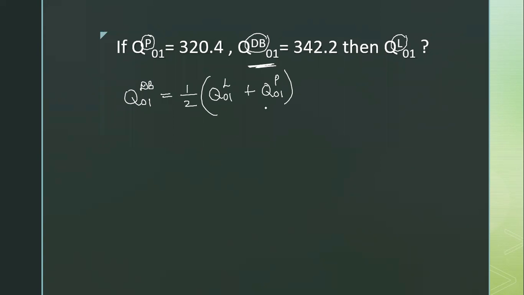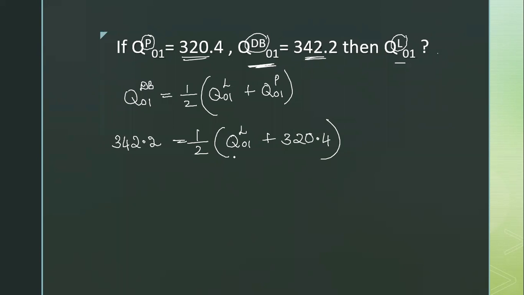They have given us information about Drobisch and Bowley. What is the value? 342.2 is equal to half, open the bracket. Have they given us the information about Laspeyres? No, they have asked us to calculate it, so write Q01 under Laspeyres as it is, plus the Paasche value, 320.4.